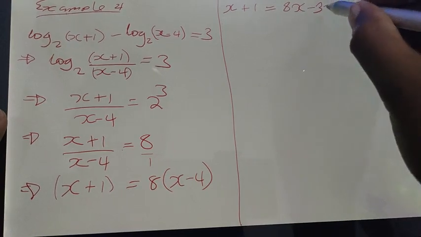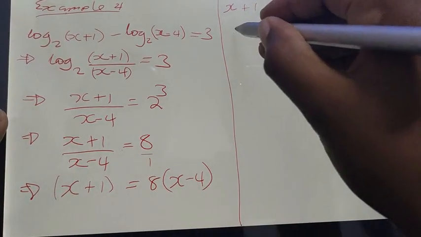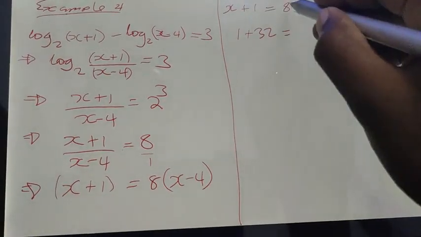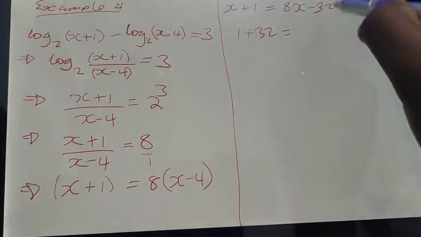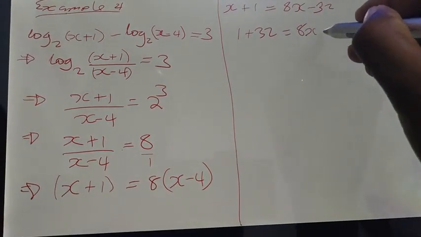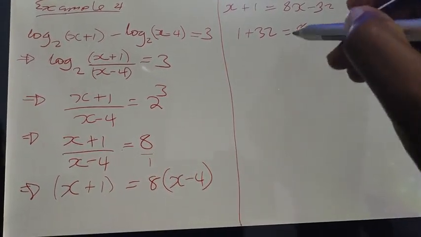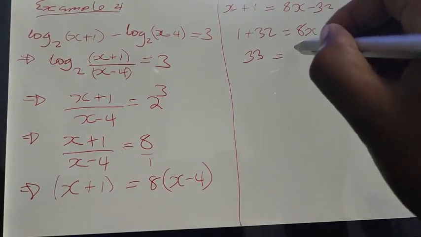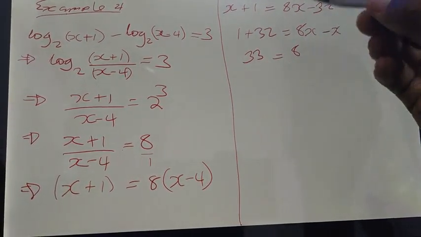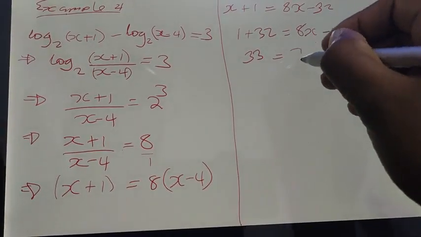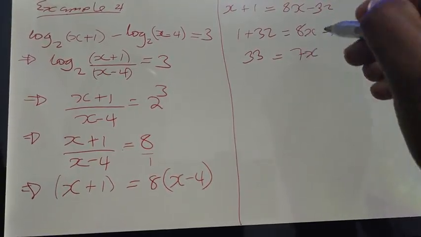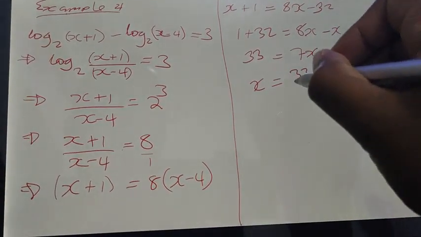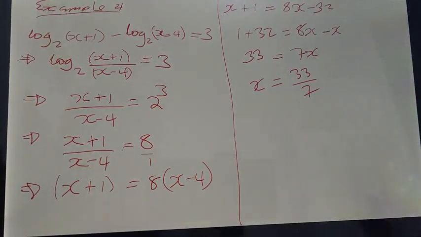Like terms together, 32 and 1. So it will be 1 plus 32, and 8x, so it will be 8x minus x. So it will be 33 is equal to 8x minus x, that's 7x. Okay, so 7x, so our x will be equal to 33 divided by 7.